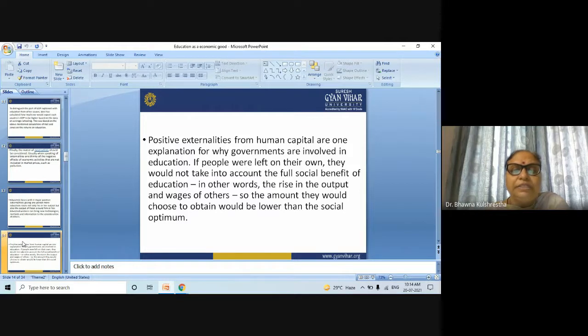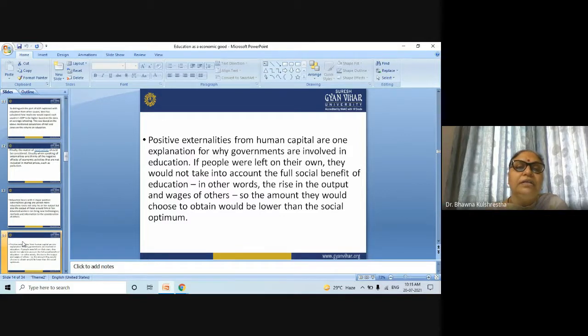In other words, the rise in the output and wages of others, so the amount they would choose too often would be lower than the social optimum.